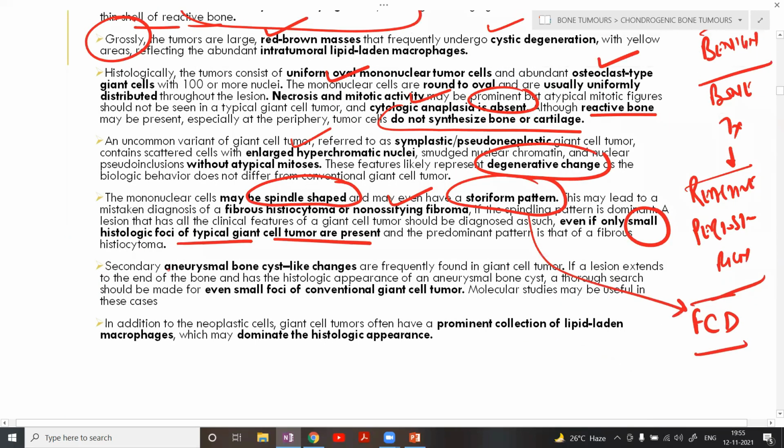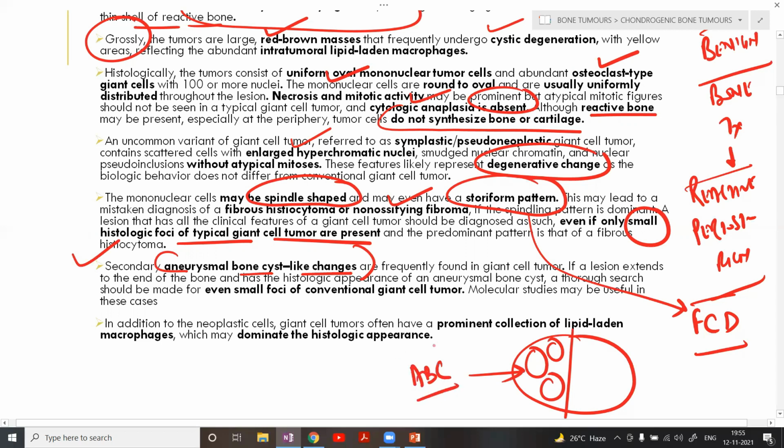Now, as I told you, sometimes giant cell tumor might undergo aneurysmal bone cyst-like changes. Over there, you might get areas of hemorrhage. For example, if this is the entire tumor, in one part you might find ABC-like changes, but the other part is classically typical of a giant cell containing lesion.